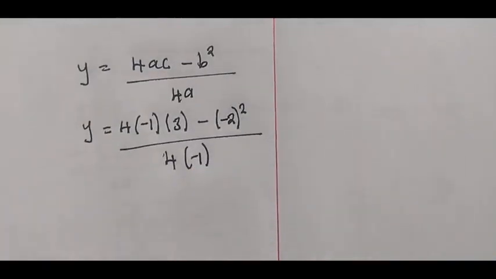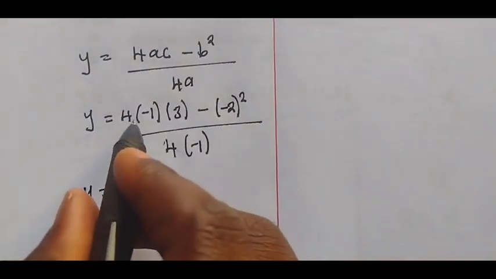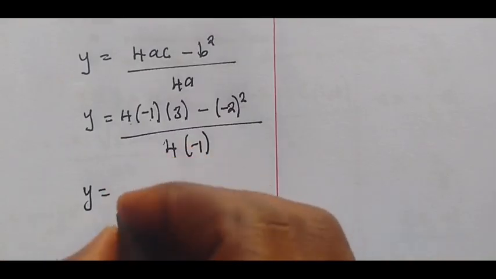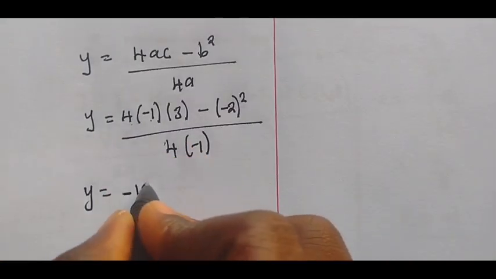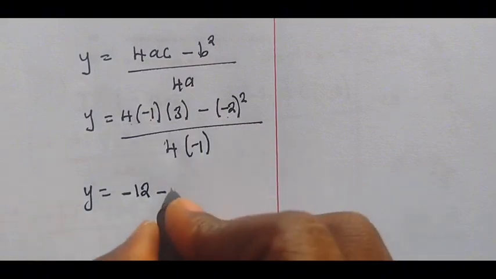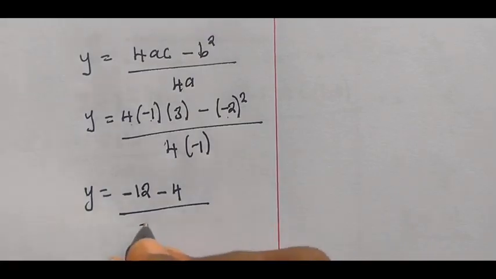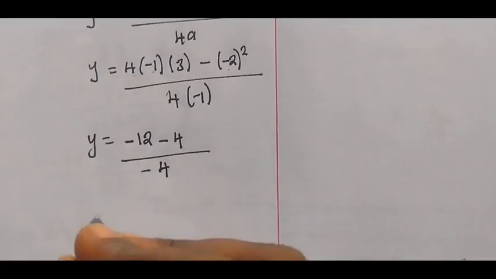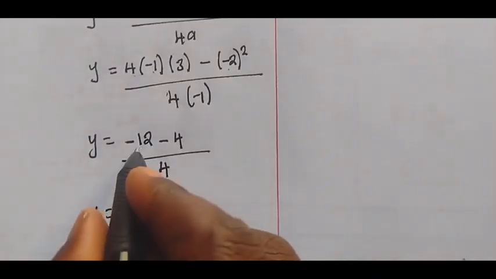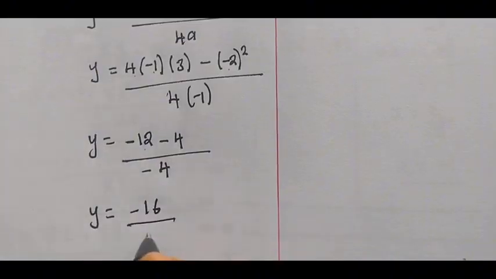So I'm just substituting here. So y is equal to 4 times -1 times 3. This will give us -12 minus -2 to the power 2, this is 4, over 4 times -1. This will be -4. So y equals -12 minus 4. This will be -16 over -4.